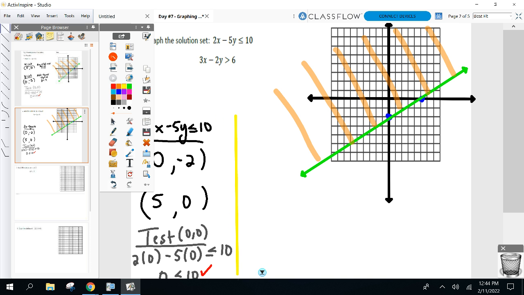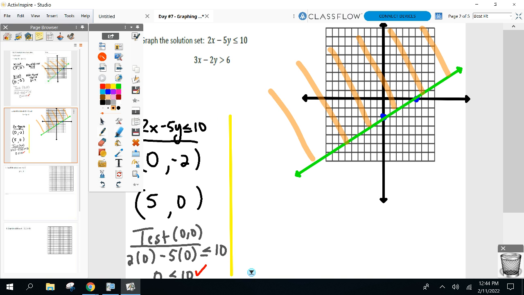Okay, next one. 3x minus 2y is greater than 6. Find your intercepts.